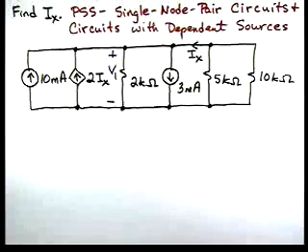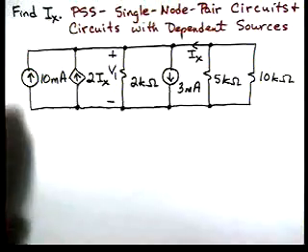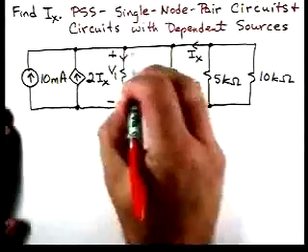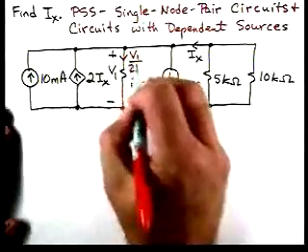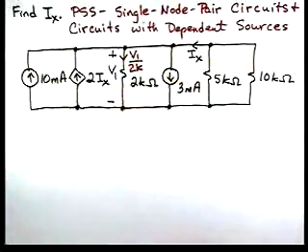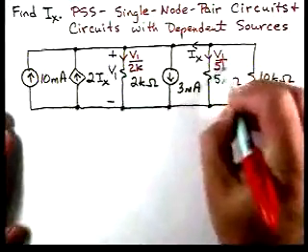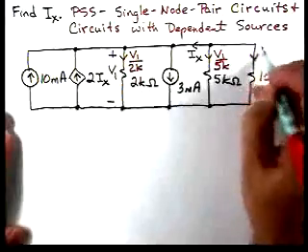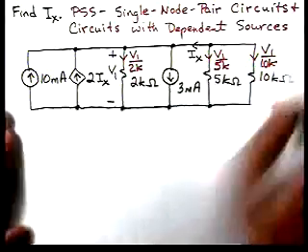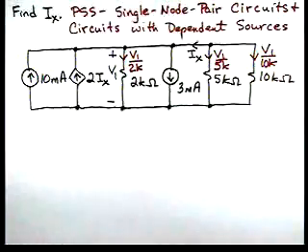The second step is to write currents through resistances in terms of that voltage using Ohm's law. So for instance, we have V1 over 2K, V1 over 5K, and V1 over 10K. I've made that definition in terms of the voltage V1 using Ohm's law.